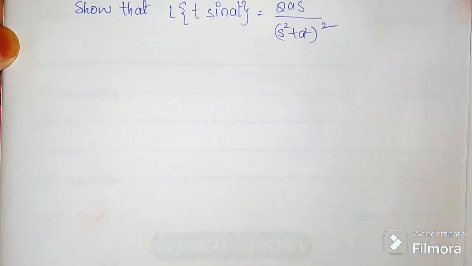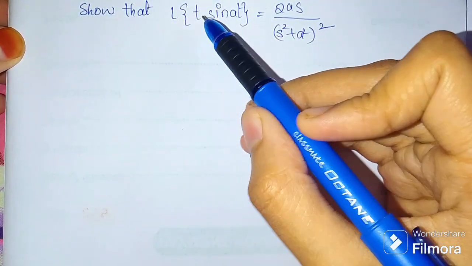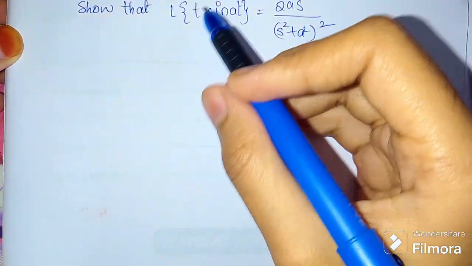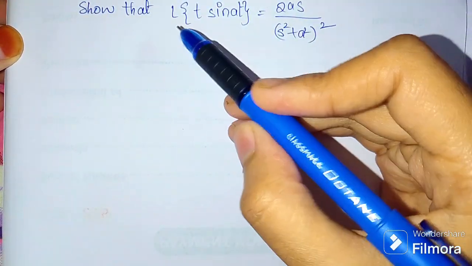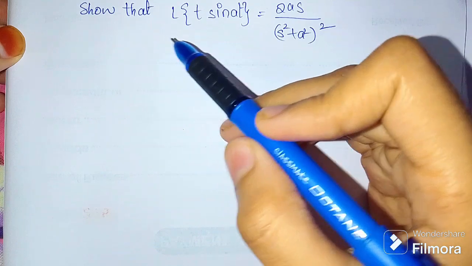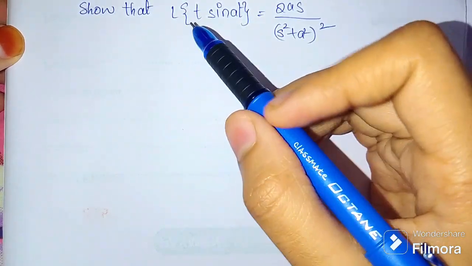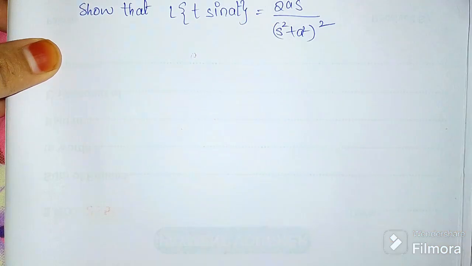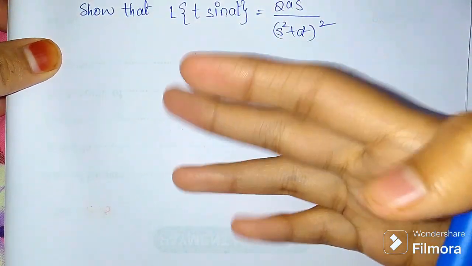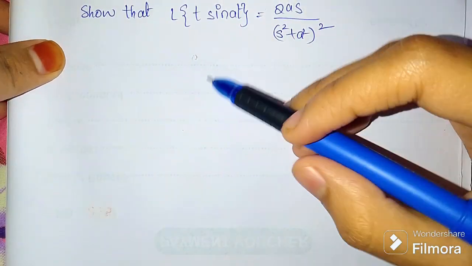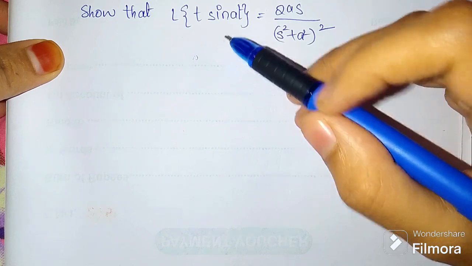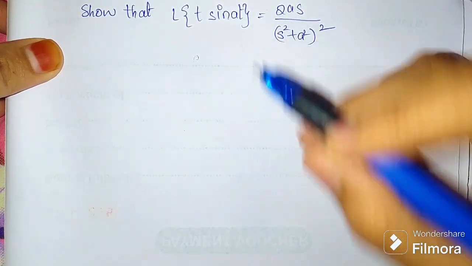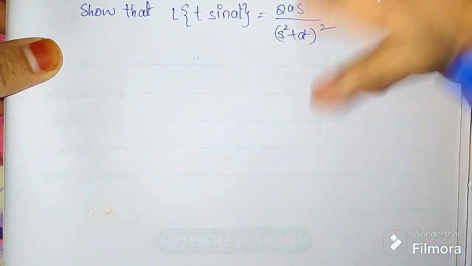In this question, they asked to show that Laplace of t sin at is 2as by (s square plus a square) whole square. This can be done in many ways. If you want to do it by first shift property, here we don't have e power anything, we don't have an exponent term, so we have to create an exponent term. The other way is to use the multiply by t property, which we'll be discussing very soon, and we get it in one or two steps.